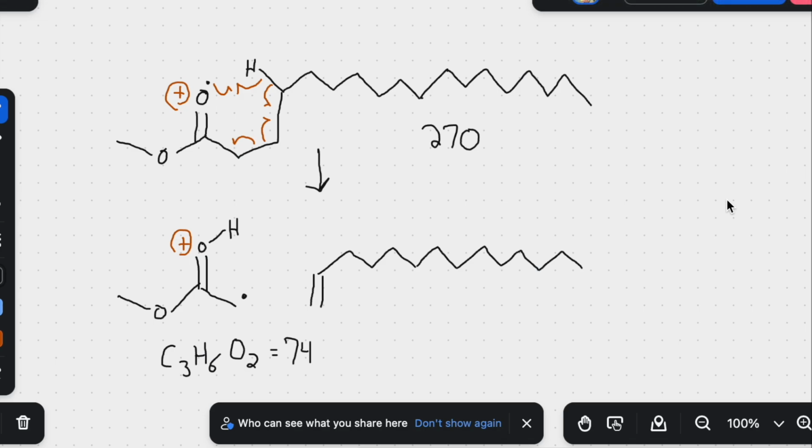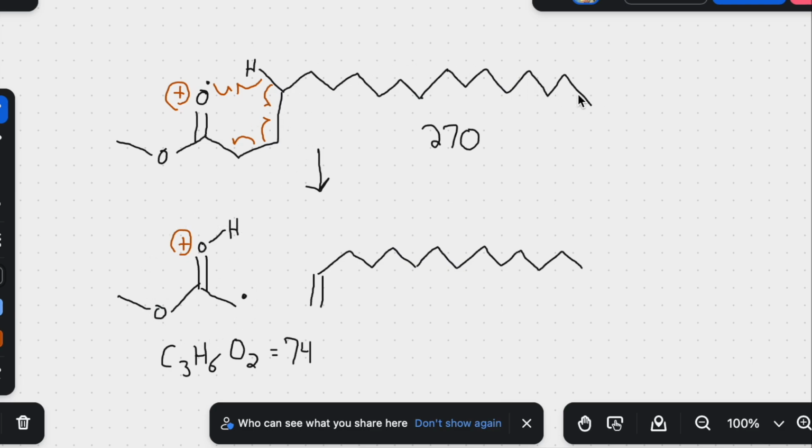So here is a diagram showing where the mass of 74 comes from. We're starting with methyl stearate with a mass of 270, and then a McLafferty rearrangement gives this positively charged piece, and this is the same no matter what the R group is.